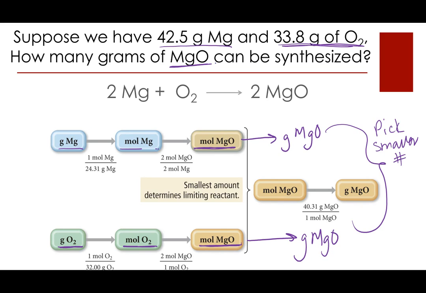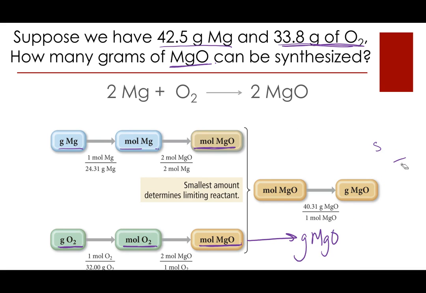Okay. So that's what we did in the previous one. We went all the way from grams to grams, grams to grams, then we picked the smaller number. What this graphic from your textbook is showing us is if you wanted to save yourself a calculation, if you wanted to save yourself a step, you really could compare right here at moles. So you could go grams to moles to moles, grams to moles to moles, and pick the smaller number here.